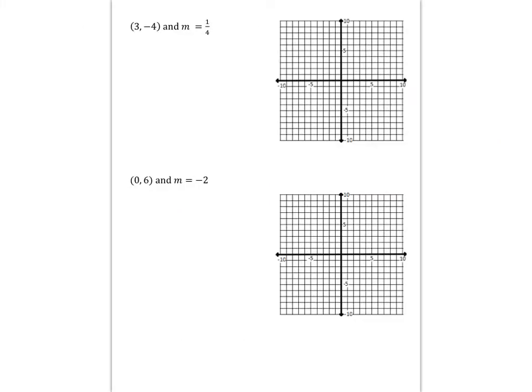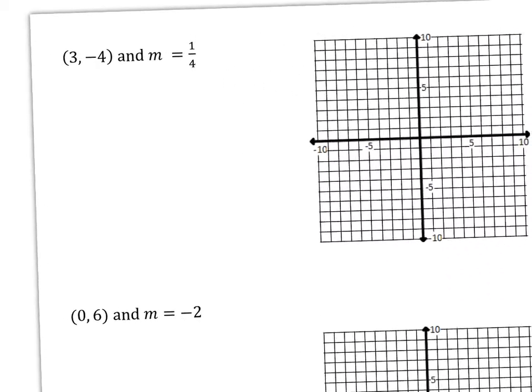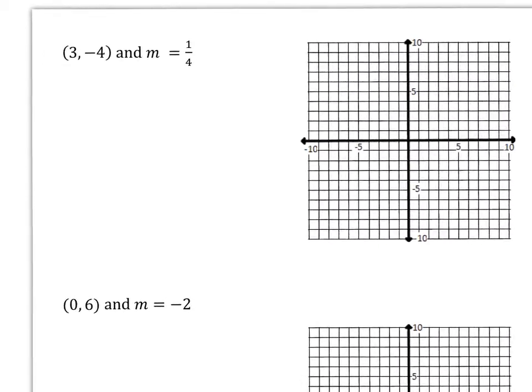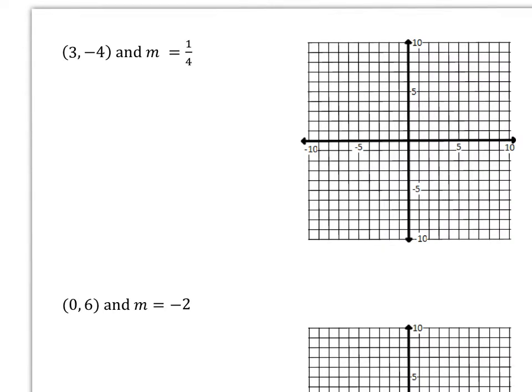All right, so let's look at this first example up here. I'm given the point 3, negative 4. So again, I could label if I wanted to x and y, and then m is equal to 1/4. So into point-slope form, and again, I'm going to write down the formula. And then I'm going to plug in my values into the equation.